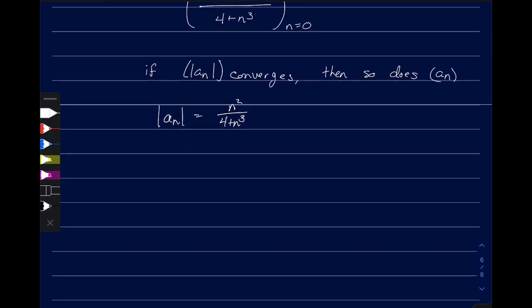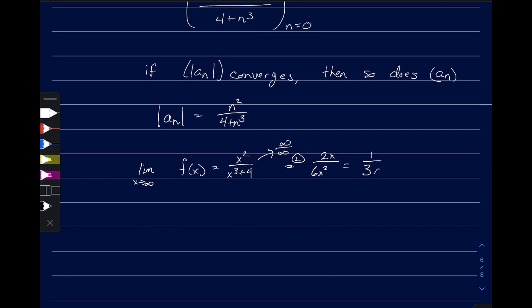And now we can just evaluate this limit by converting it to a function of x. So we're just going to take a look at the limit as x goes to infinity of f of x, which is x squared over x cubed plus 4. And now this is infinity over infinity, so we can use L'Hopital's rule, and we get 2x over 3x squared times 2, so we can just make that a 6.